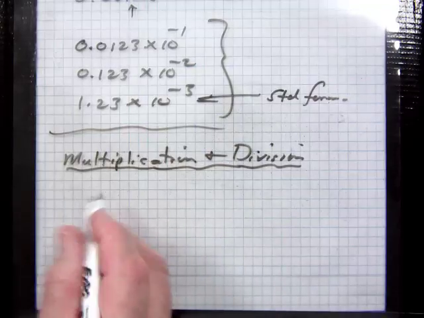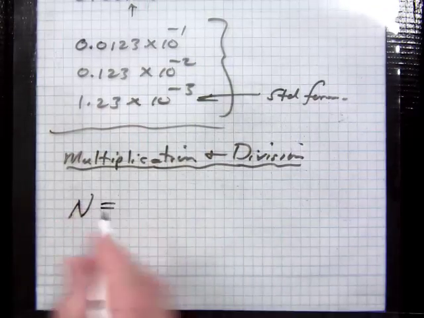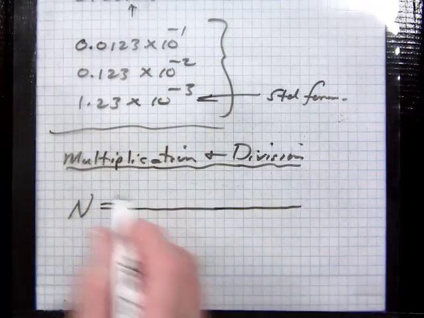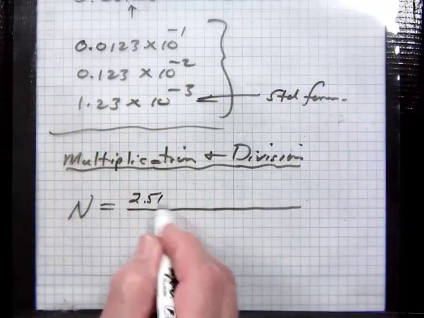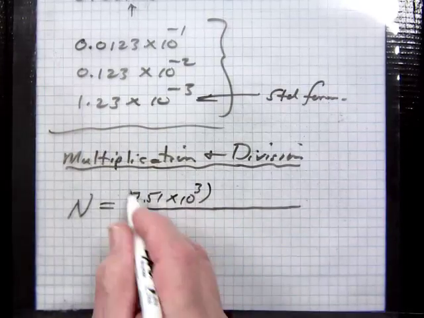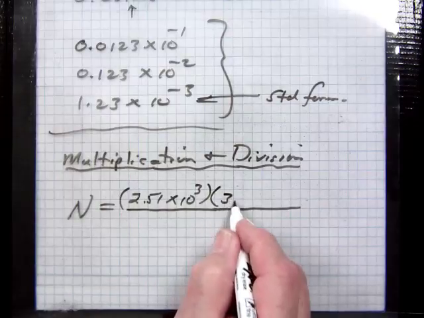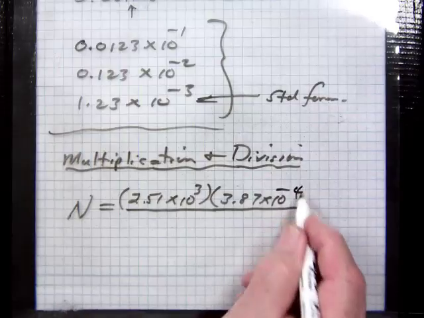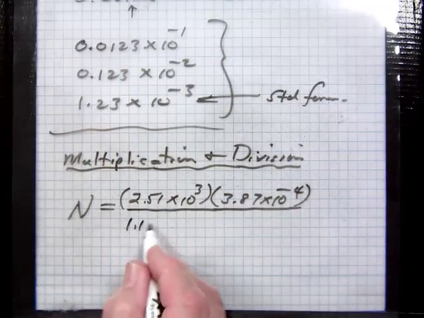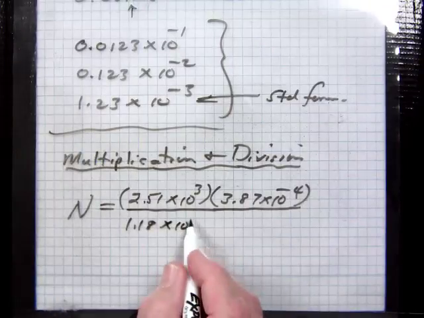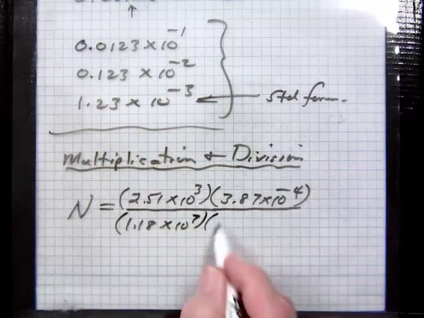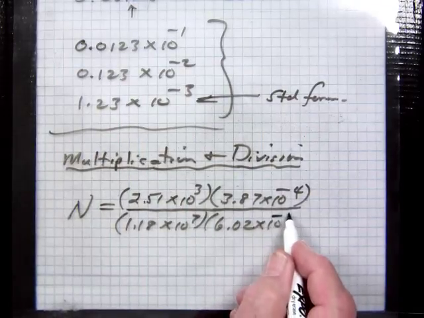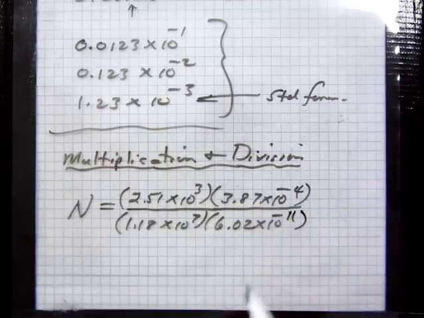So let's take some number, whatever the answer is going to be. So I'm going to do that, and 3.87 times 10 to the minus 4, 1.18 times 10 to the 7th, and 602 times 10 to the minus 11. Like that.